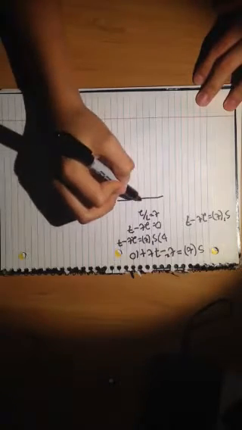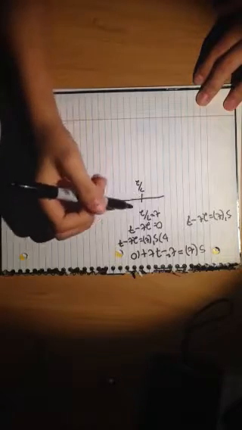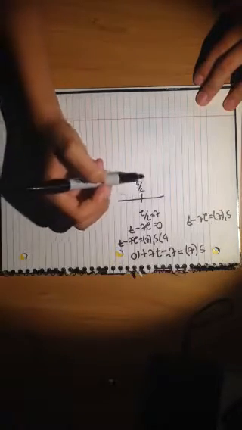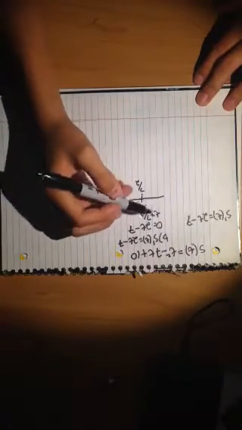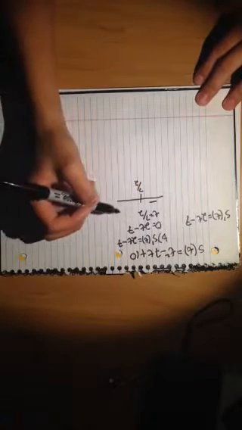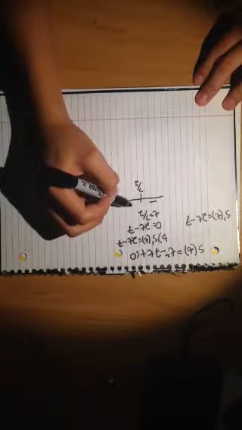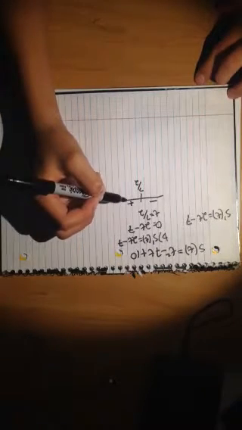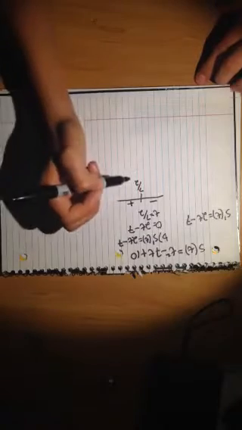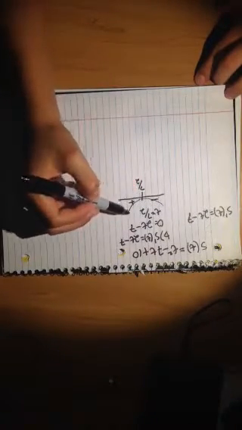And then you draw a little timeline. And then you plug in numbers, so I'll just plug in 1. And that would be a negative number. And then I'll plug in 8 over 2, and that would be a positive number. So then it would kind of go like that.